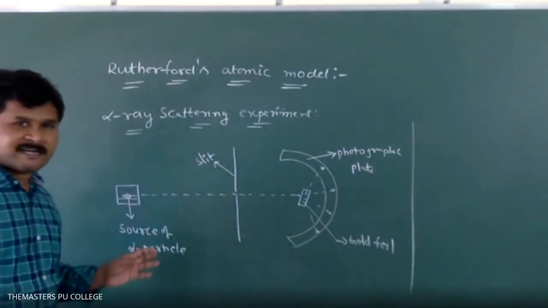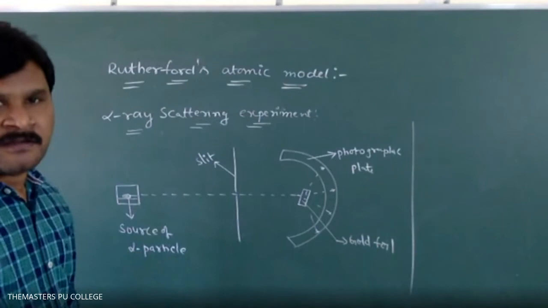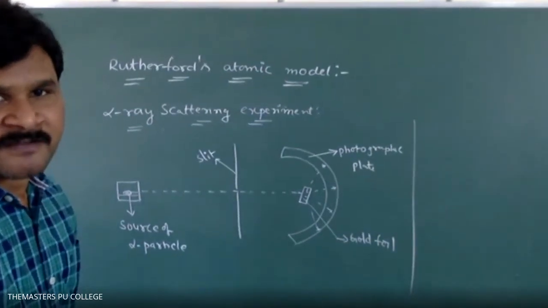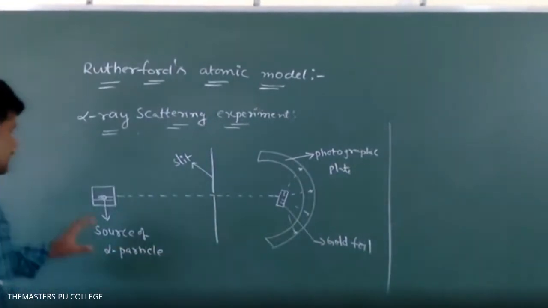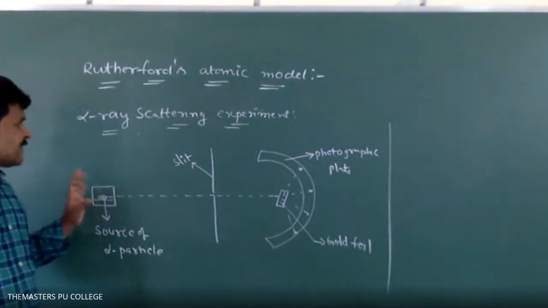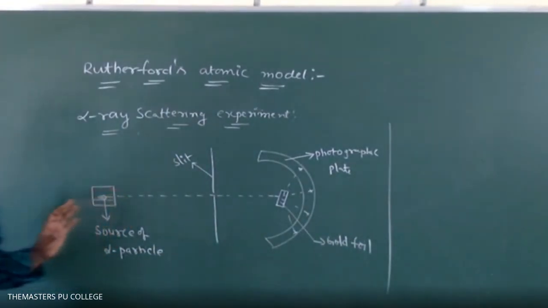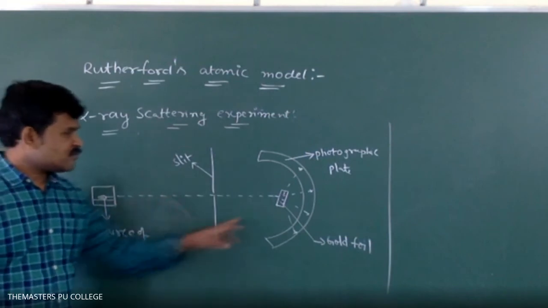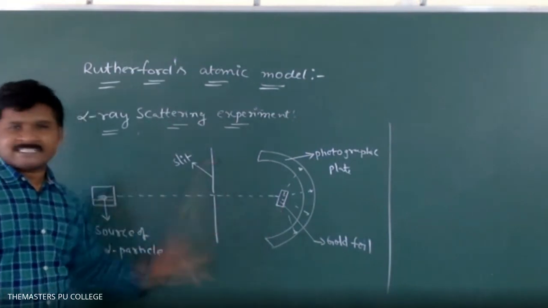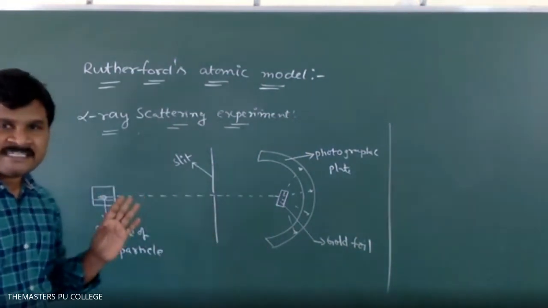So this is the experimental setup of the alpha ray scattering experiment. Please listen, students. In this experiment, he passed alpha particles through the gold foil through a slit.